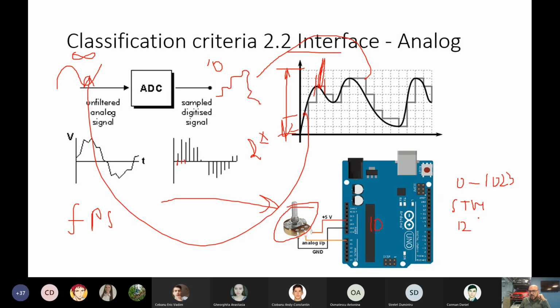That means for 11 bits we'll have 2048, and for this we'll have 4096 values, from 0 to 4095. So it depends on the microcontroller, and in this case the values are somehow associated with the measured quantity.